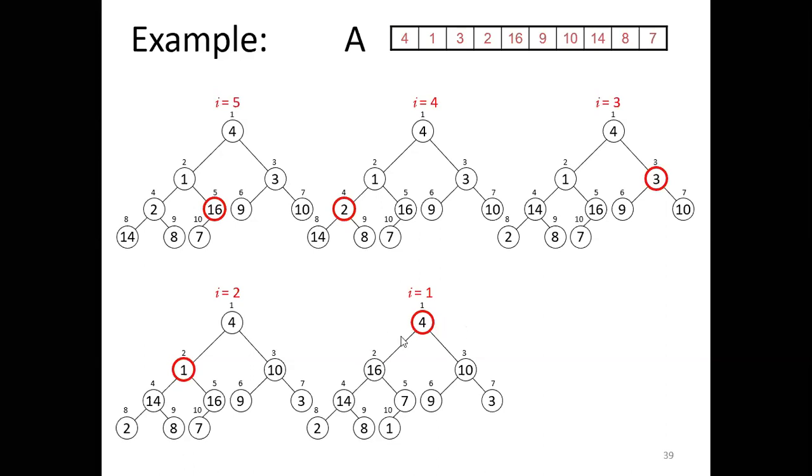So the last level, we compare it with the immediate children nodes, and the one with the largest number will take its place. So we're going to swap 4 with 16. So 4 is at this position now. When you compare it with the children nodes, we realize that 4 is smaller than 14 and 7.